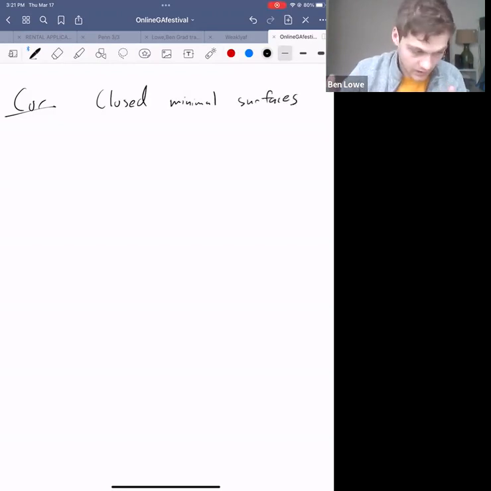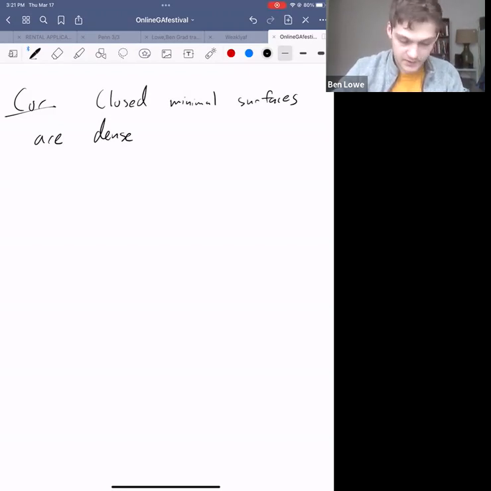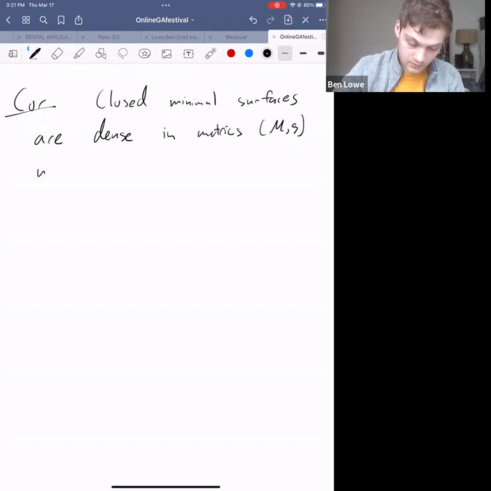In negative curvature, closed geodesics are dense. So these closed minimal surfaces are dense in metrics on your hyperbolic three manifold which admit these foliations.